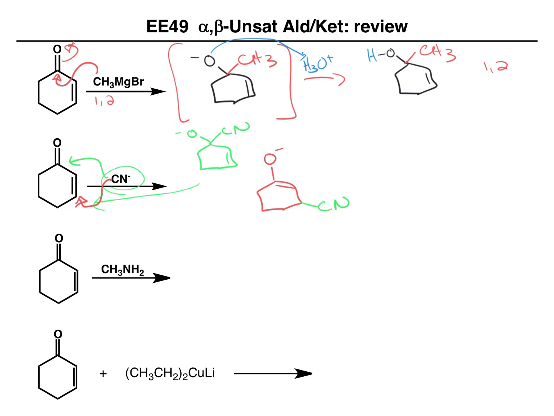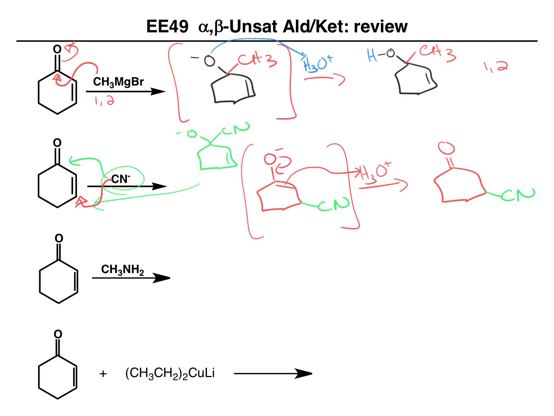And we get this intermediate. And then aqueous acid workup, for example, or else it could just grab a proton from the solvent, and these electrons will come back in here, and these electrons will grab a proton. So our isolated product is going to look like this.